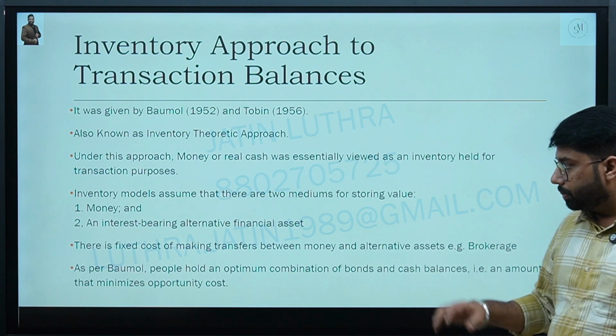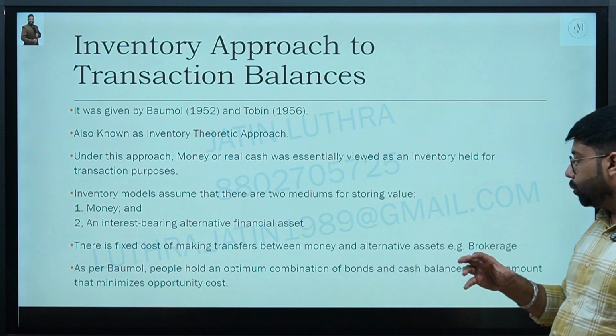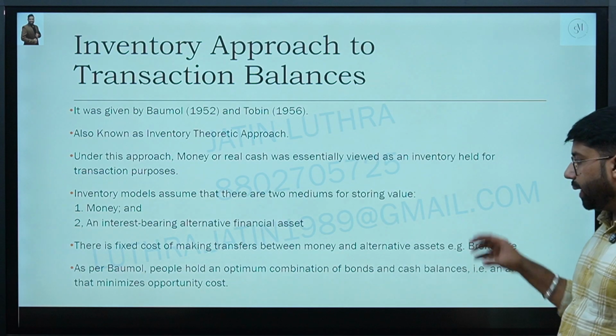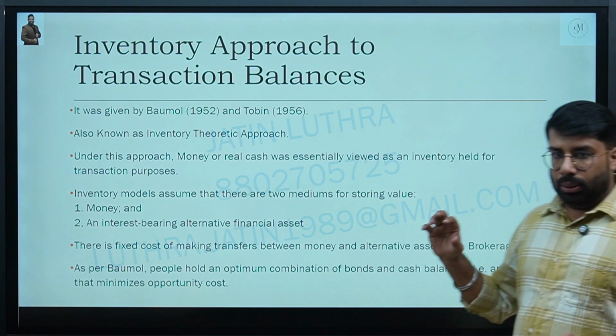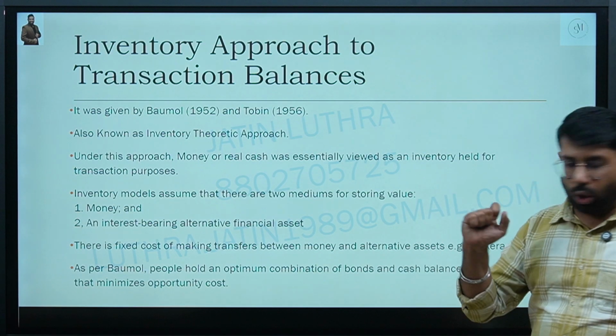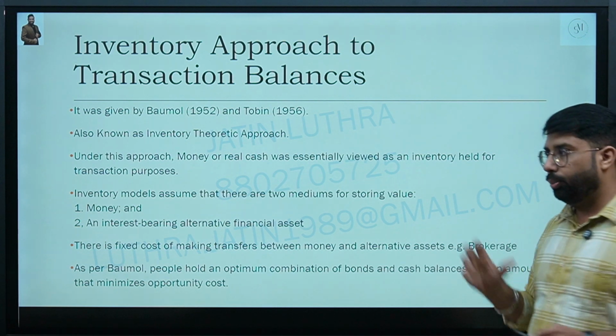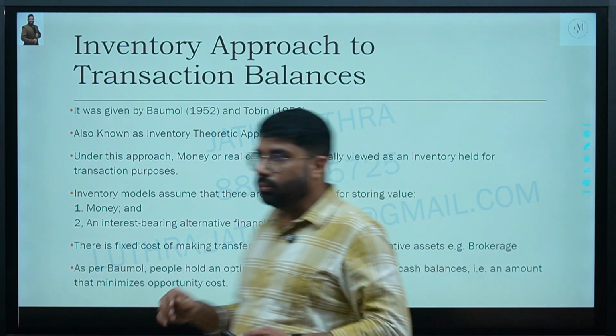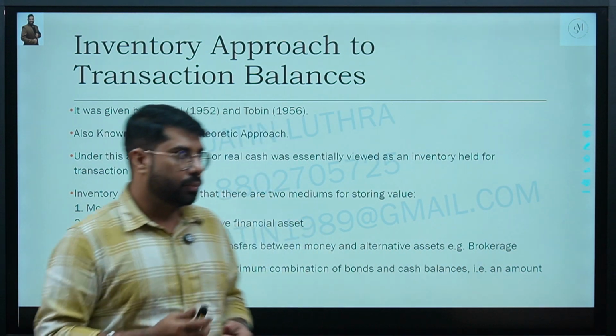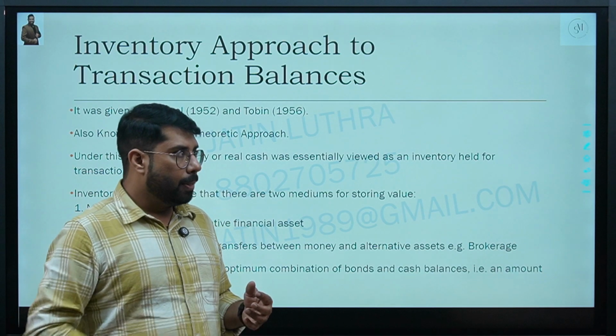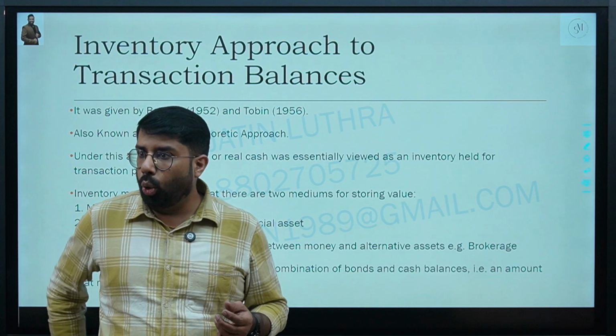As per Baumol, people hold an optimum combination of bonds and cash balances, that is an amount that minimizes opportunity cost. Baumol said that people will not only hold cash.